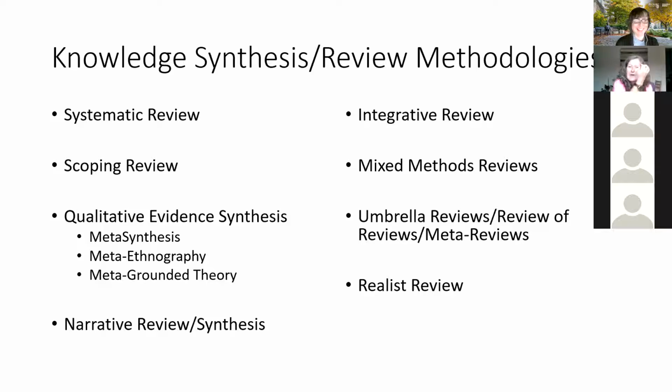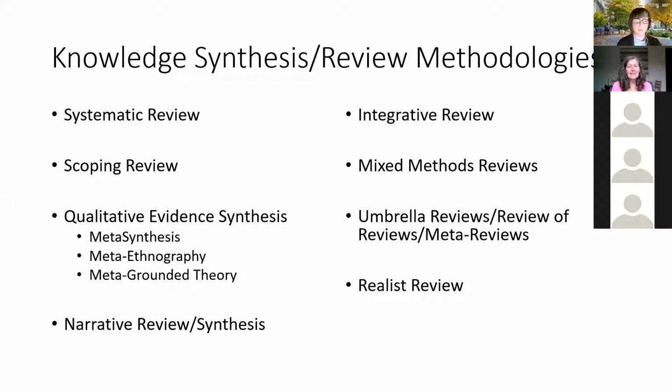Okay. So there are many, many types of reviews or syntheses that fall under what we call systematic reviews. And here are just some of them. We've got the actual systematic review, scoping reviews, the qualitative evidence synthesis, narrative reviews, the mixed methods reviews, and there's more and more. There's 50 or 60 types.